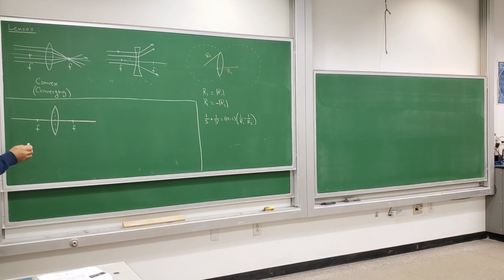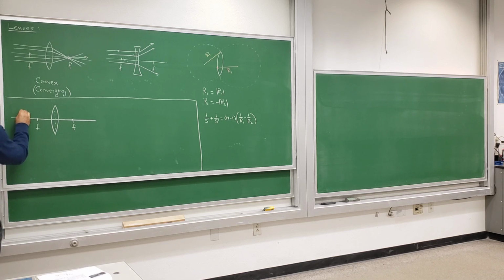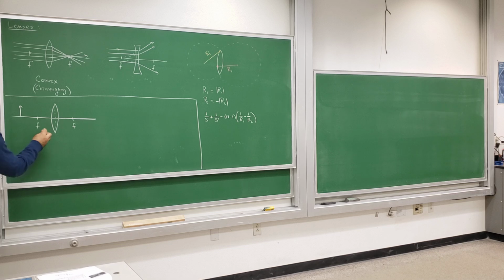And then let's make our object right here. This is S, right? That's the distance from the object to the lens. The height of the object, the book calls it y, so I would call it y also.